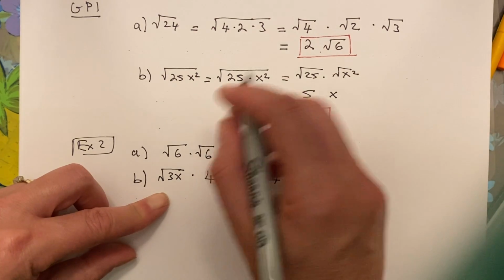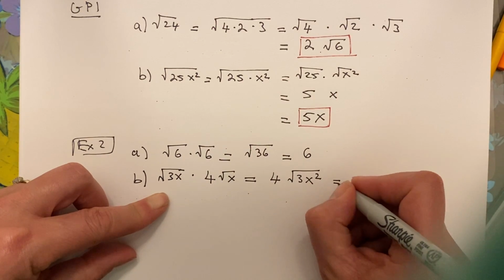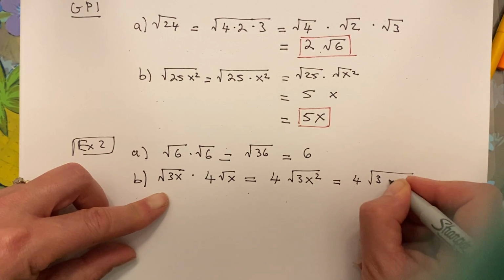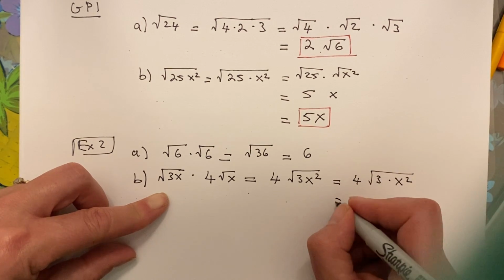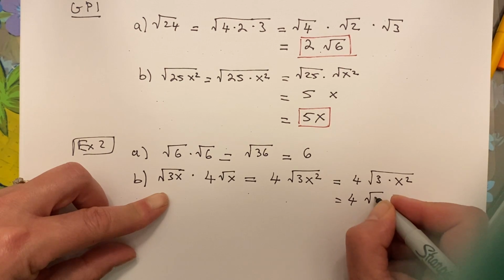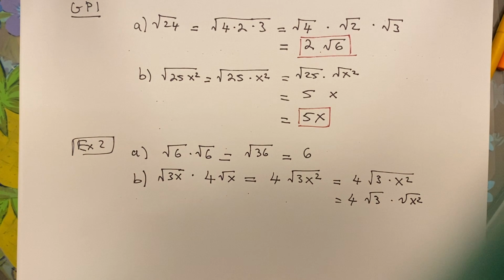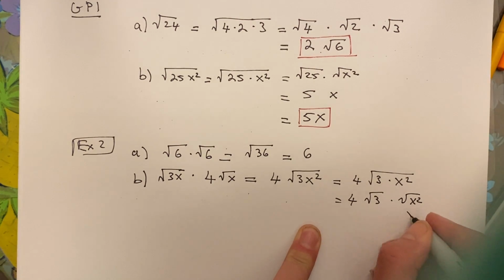Well, we're going to do the same thing that we did above and find the factors. 4, and we have 3 times x squared. So 4 times the square root of 3 times the square root of x squared. As you can see, the square root of x squared is a perfect square, and so that's going to simplify to just x.